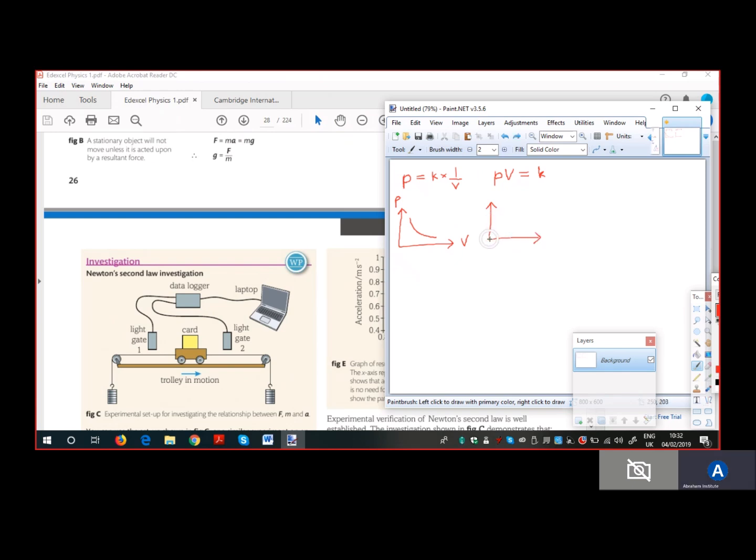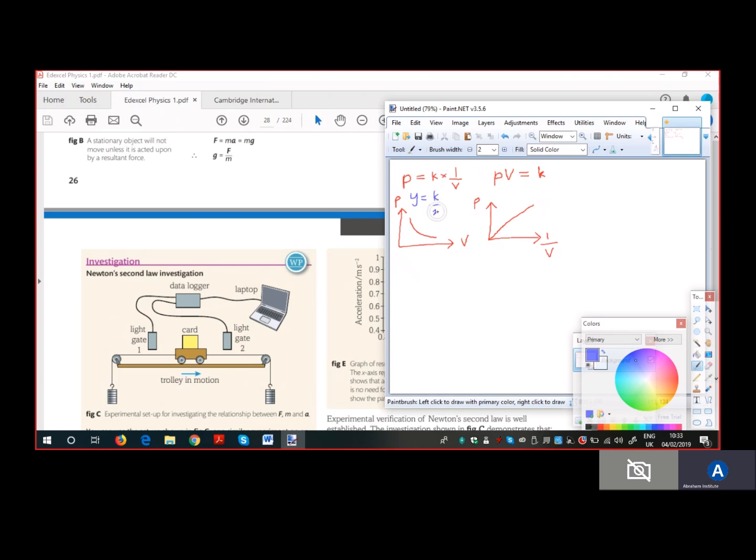So here, we get the straight line when we plot pressure versus 1 over volume. This graph is what we plotted: on the y-axis is pressure, and on the x-axis we have V. So it is kind of like the relationship y equals k over x.